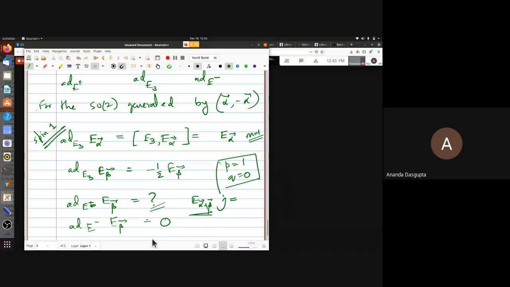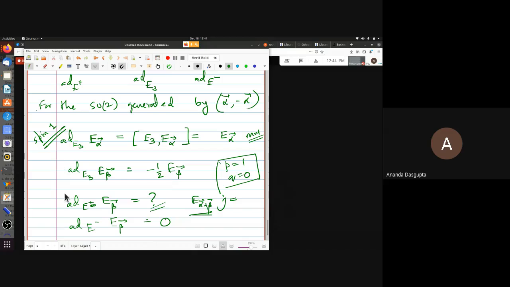Yes. So how many states are there? If you now look at E alpha plus beta and apply E3 on that, you're going to get E alpha plus beta back with a factor. If you apply ad E plus on that, you're going to get 0 because you can't shift in again. If you apply E minus on that, you're going to get back E beta, right?